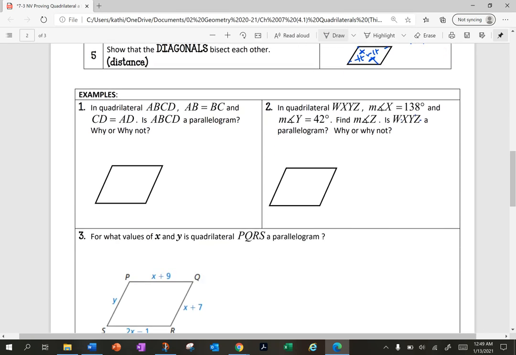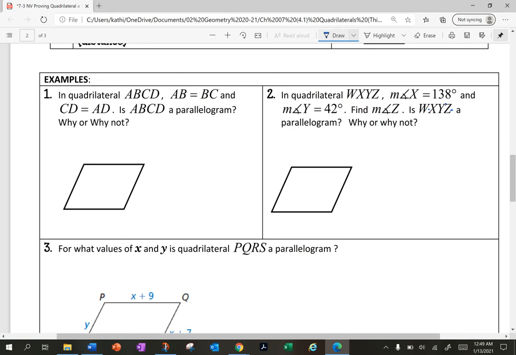All right, so let's do some examples here. In quadrilateral ABCD, AB, the distance from A to B, equals the distance from B to C, and the distance from C to D equals the distance from A to D. Is polygon ABCD a parallelogram? Why or why not? When I'm naming my parallelogram, I name my vertices consecutively.